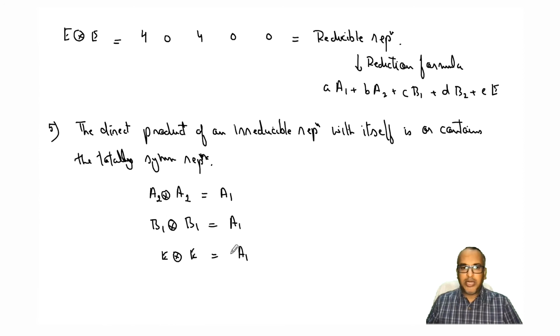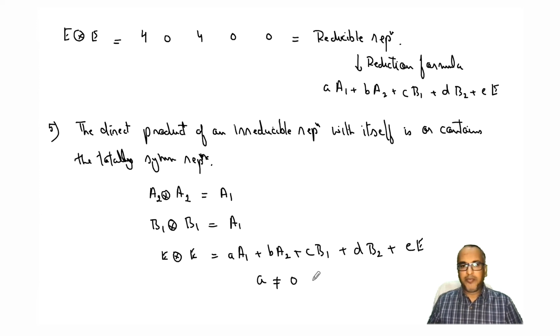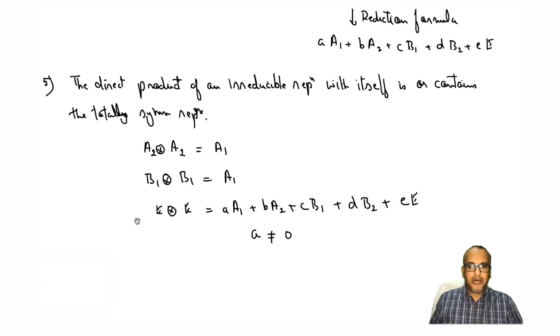That means A plus B A2 plus C B1 plus D B2 plus E times E. So in this case, A will definitely be non-zero, because it must always contain A1, because you're combining two irreducible representations which are the same, that we have seen earlier.